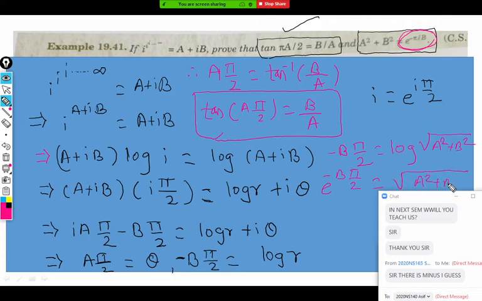Now we have to remove this square root on RHS. So squaring both sides, again the property of indices. E raised to minus b pi by 2 raised to 2. So x raised to mn becomes x raised to mn, the 2 gets cancelled and we get the required answer, e raised to minus b pi.